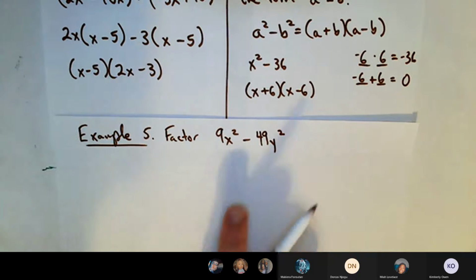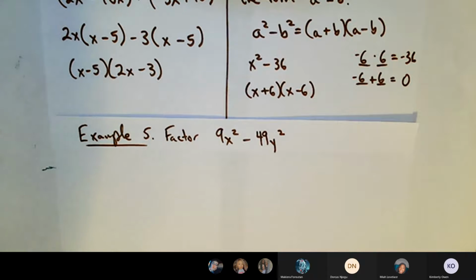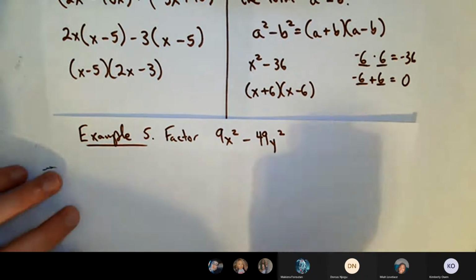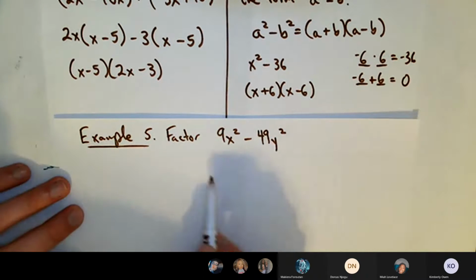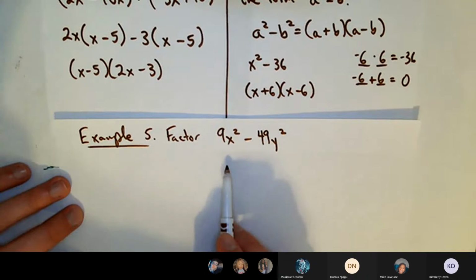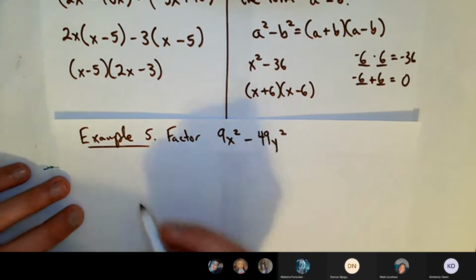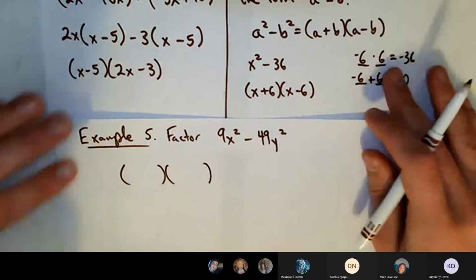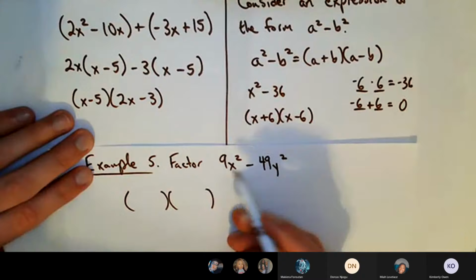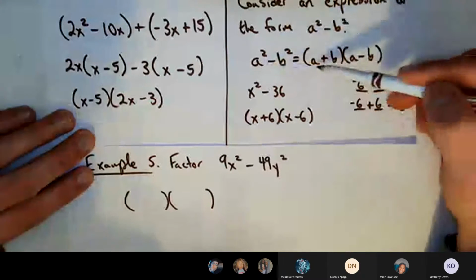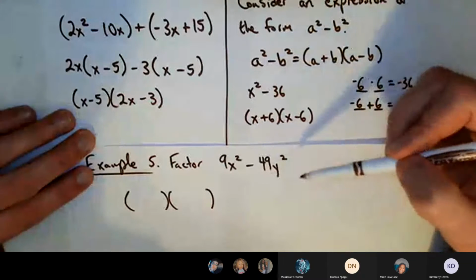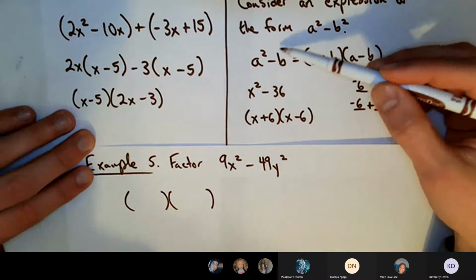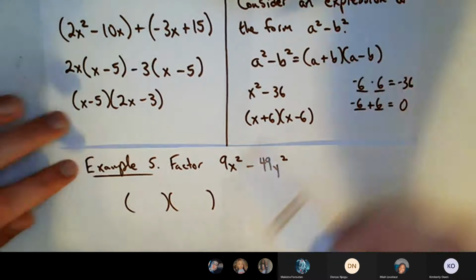Both of these terms are perfect squares, and it's a difference. So what we want to do is figure out what is the square root of each of these terms. In other words, if 9x squared is playing the role of the a squared, then what is the a? And if 49y squared is playing the role of the b squared, then what is the b?